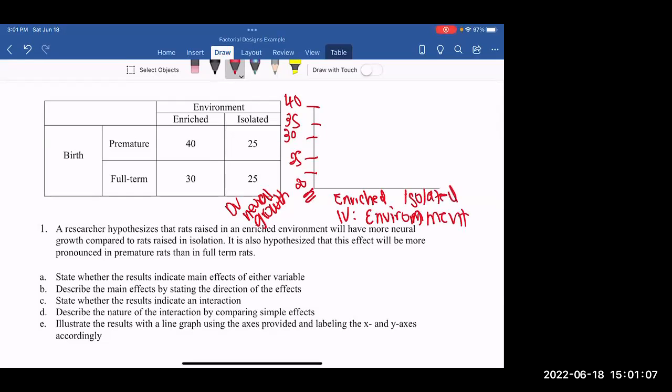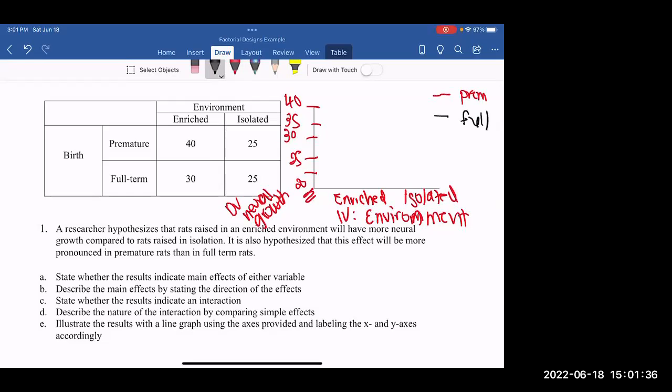And then we're going to have in our legend, so in the actual lines themselves, a red line equal premature and a black line indicate full term.